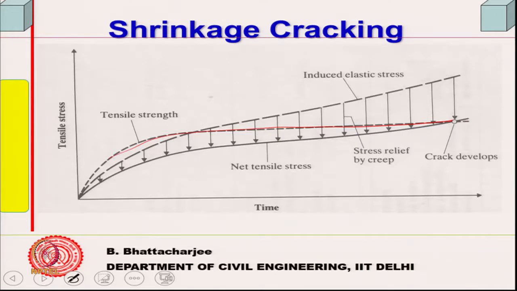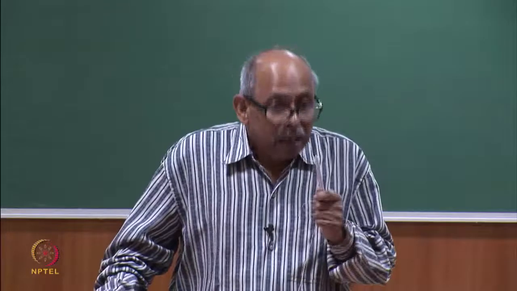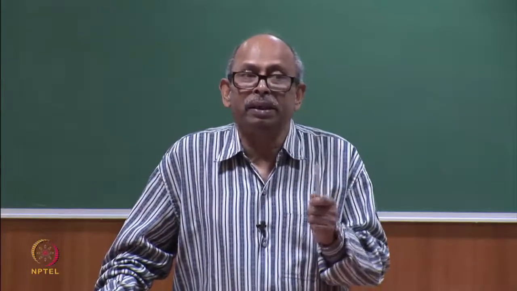We found out the shrinkage strains, multiplied by the elastic modulus, taking care of the positive creep effect. We also calculated creep, and we can predict when the induced elastic stress will exceed the tensile strength.